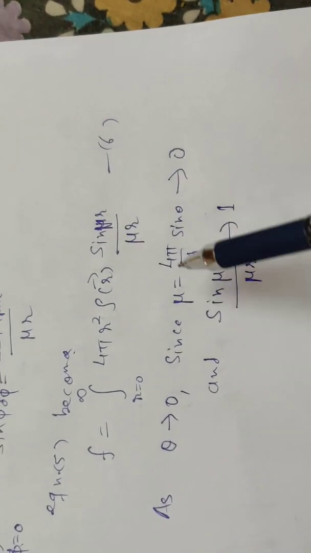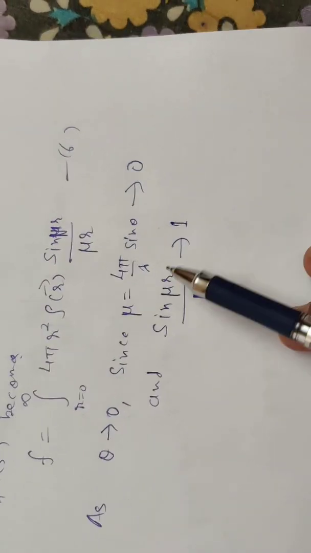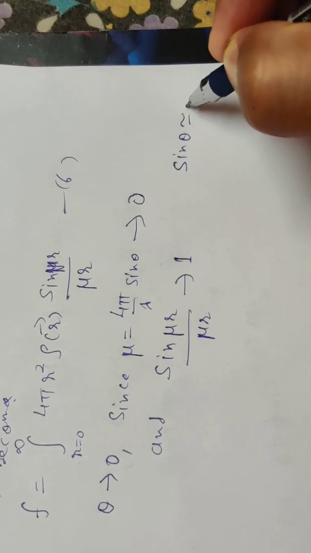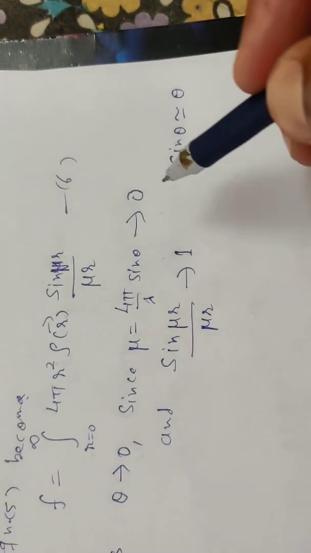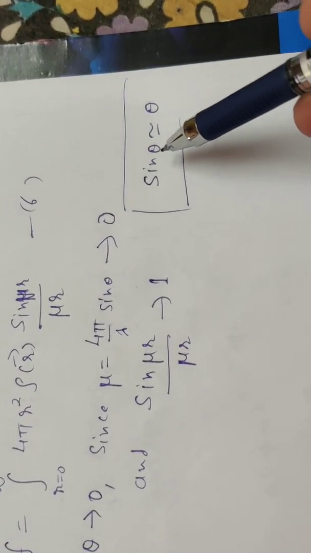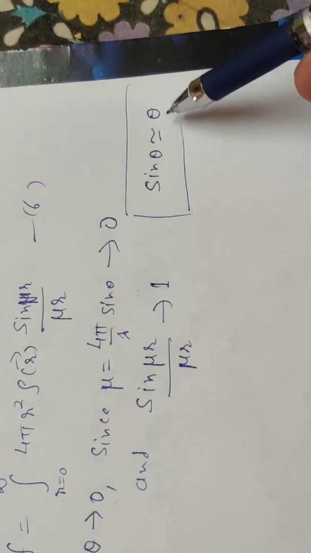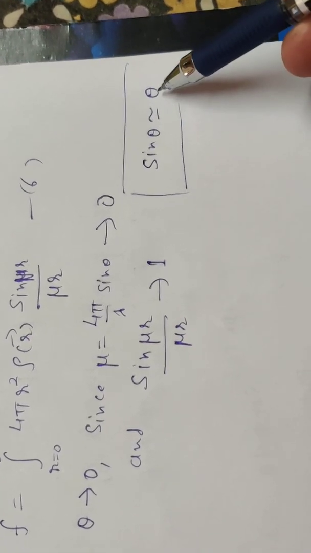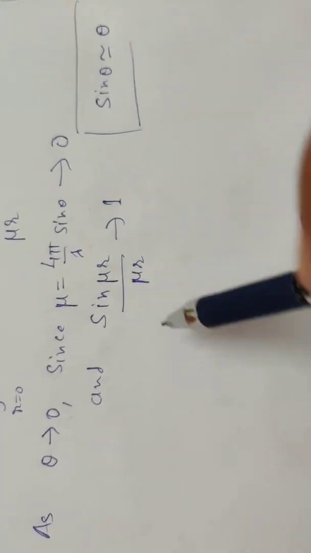So this is your sandwich theorem. For small values of theta, sin theta approaches theta, since sin 0 is equal to 0.